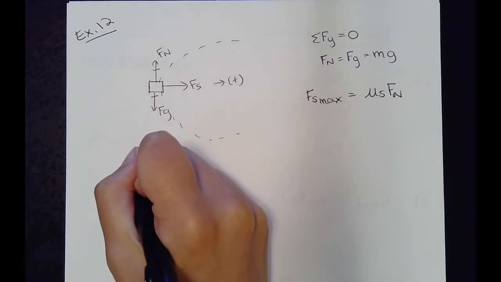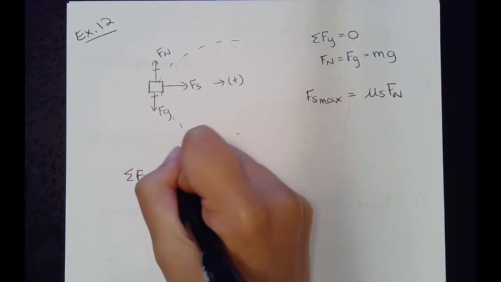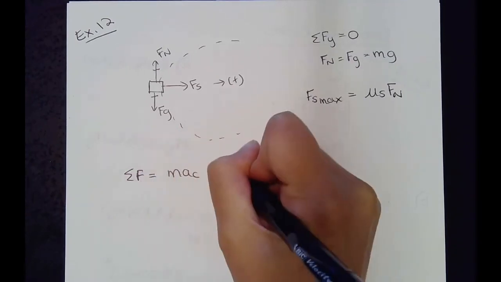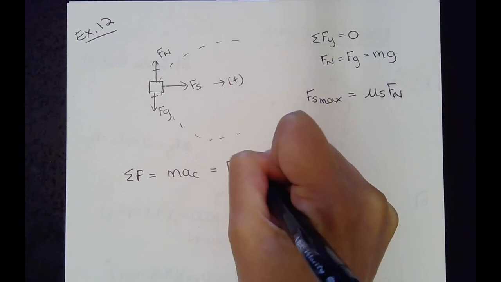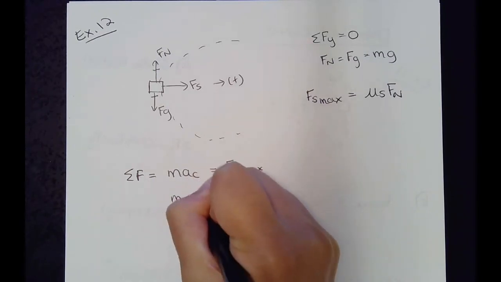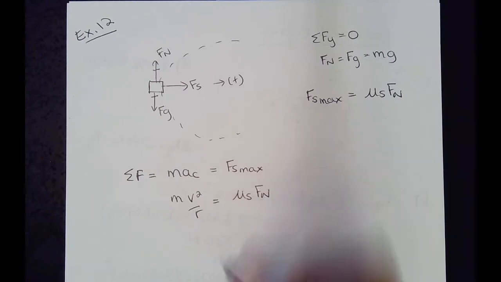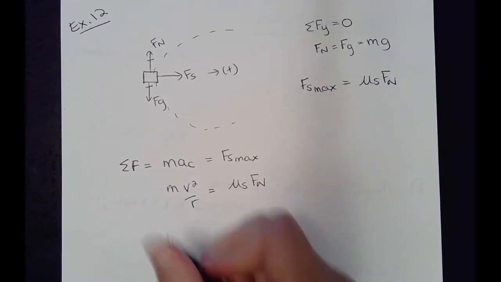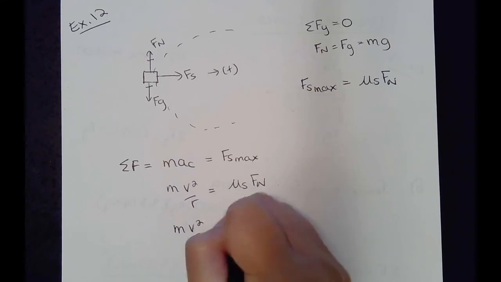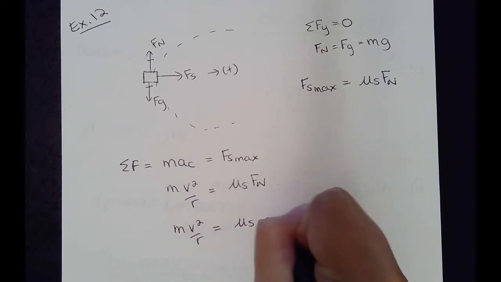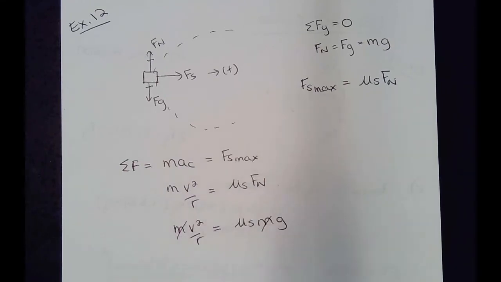Okay, so in the radial direction, we have the net force equal to m a_c, which is going to be Fs max. So m v squared over r equals mu s Fn, or m v squared over r equals mu s mg. And we notice that the mass cancels again, so I have mu s equals v squared over g r.